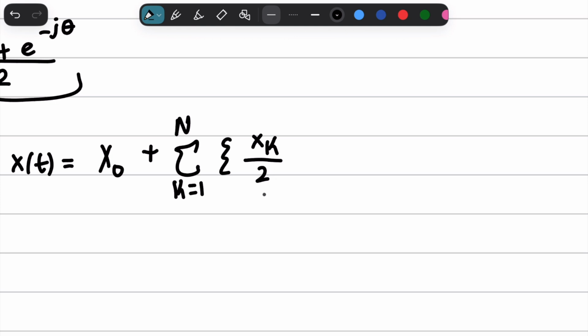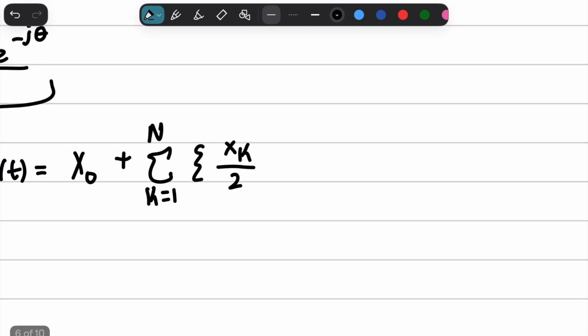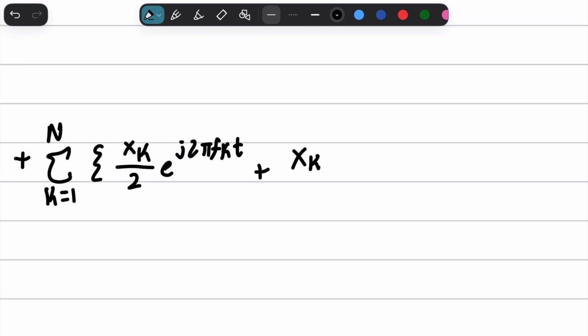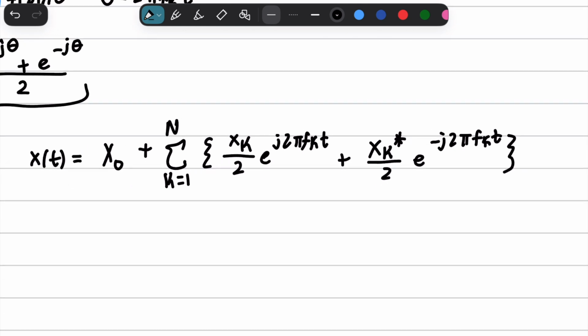It's half the amplitude because we're moving half to one side, a negative frequency, which is physically impossible, but it's still there. Okay, just like how imaginary numbers are not really numbers, but we still use them because they encode different information. And then we're going to have the complex conjugate of the complex phasor, because this complex phasor goes with this negative frequency, like so. And so this is the proof.